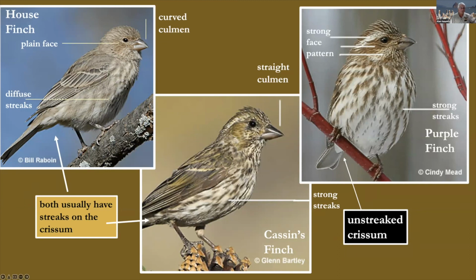And then soft, diffuse streaks on the house finch, much stronger, denser, darker streaks on the Cassin's finch and purple finch females. Okay, notice these two usually have streaks on the crissum, again, unstreaked crissum on the purple finch female. Another way to tell them apart.